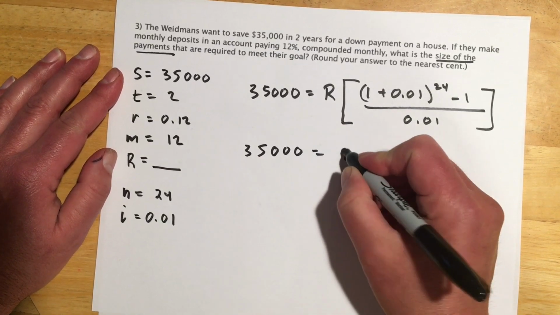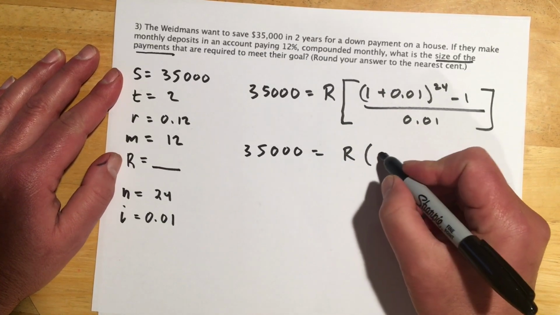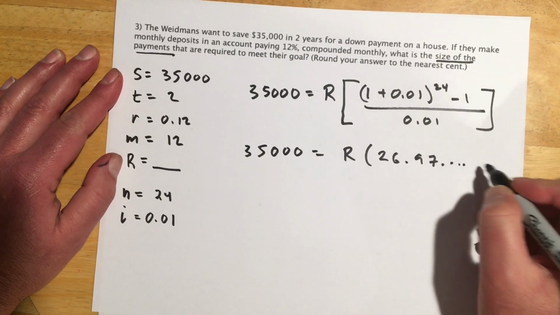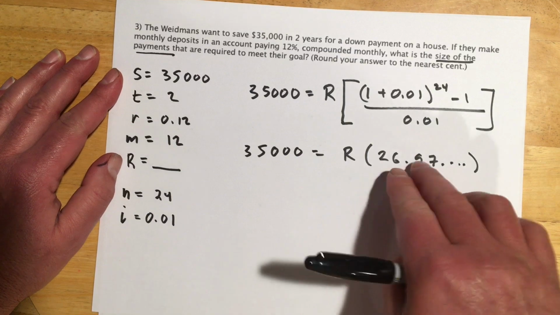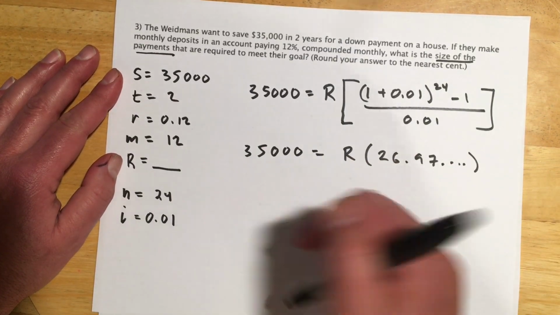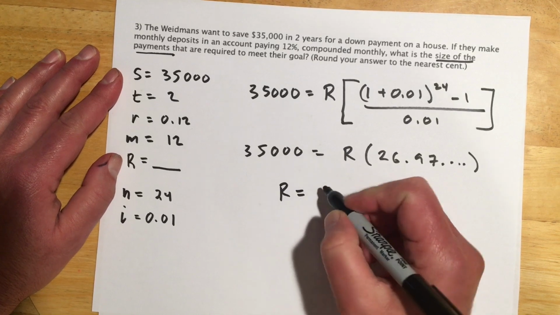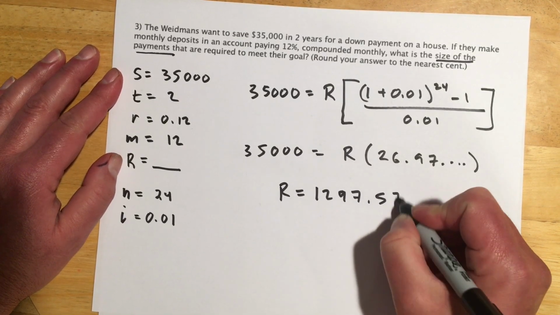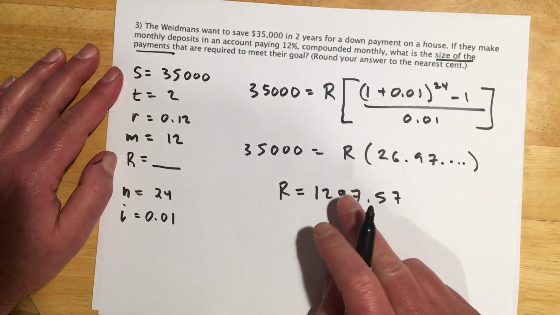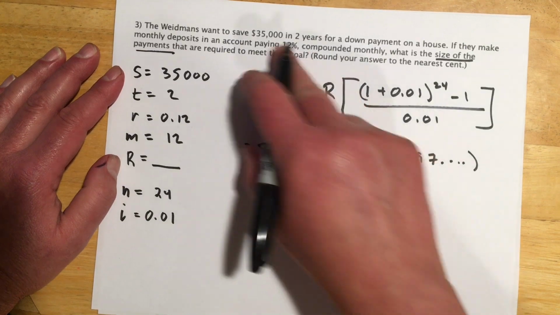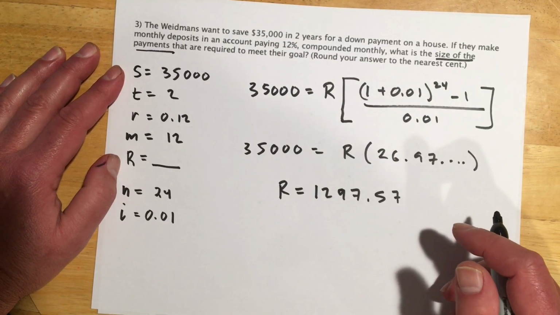And honestly, when I was doing it, I probably didn't even write this step, but I got something like 26.97 dot dot dot. And I just went 35,000 divided by second function answer, and that copied this answer and divided. And that gave me R to 1297.57. So that would be the payments they have to make every month to save 35,000 in 2 years for that interest rate.